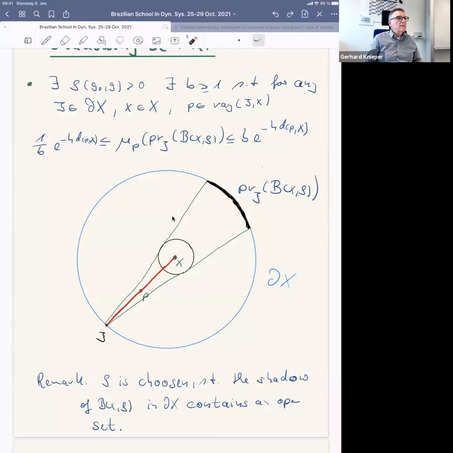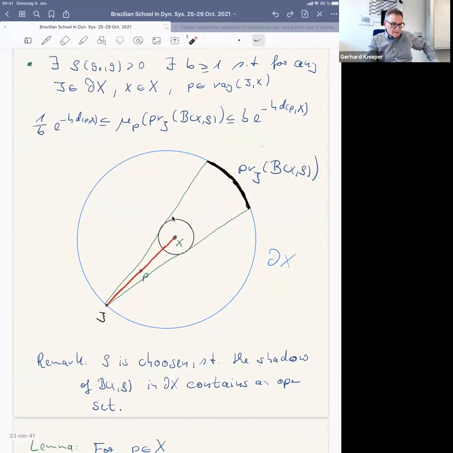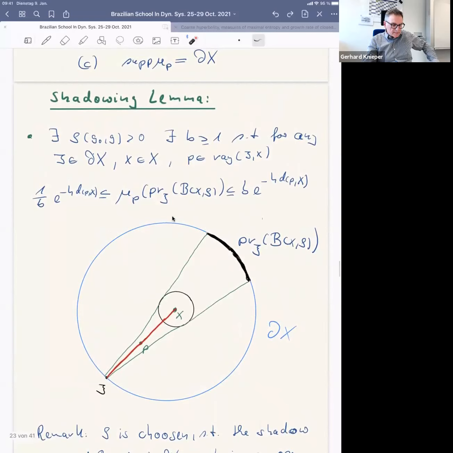But rho can be chosen such that the shadow in the boundary will contain an open set. And since the measure is positive on open sets, at least you get something, and the estimate tells you exactly what you get. So that's the important shadowing lemma.